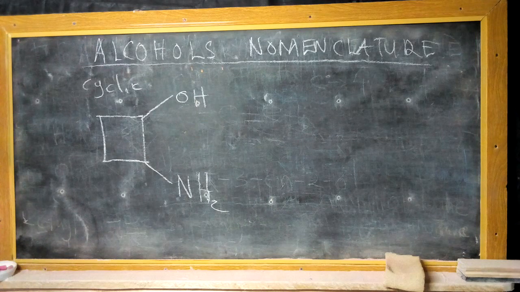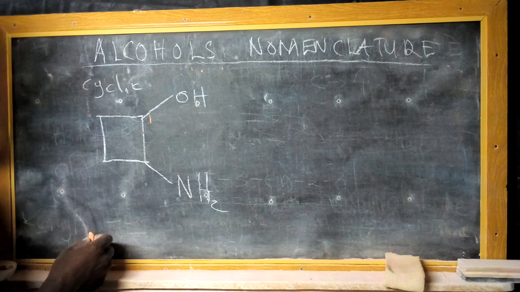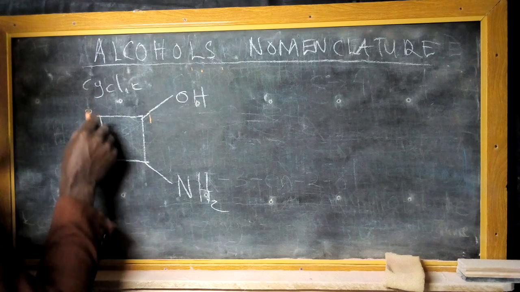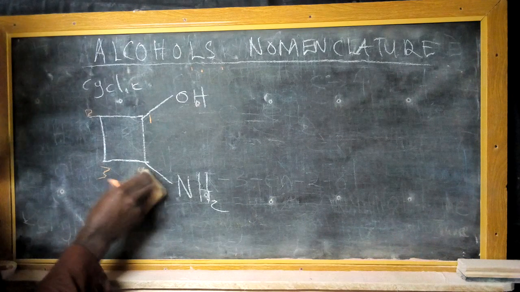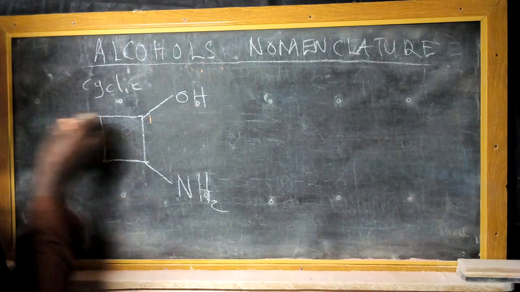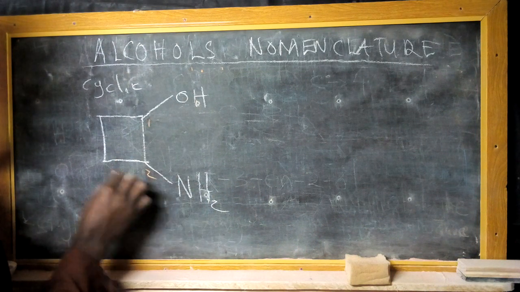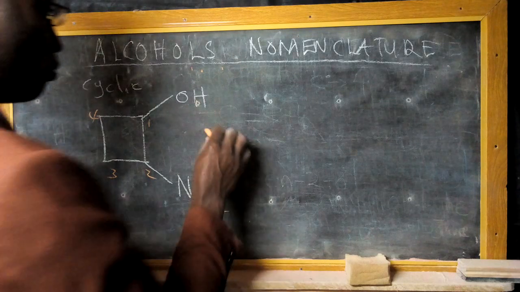So we said numbering begins from the carbon that is attached to the OH group, and if we go this direction, we shall have the amine group at point number 4, which is in violation of that rule which says we shall have to give it the lowest number possible. So we shall have 1, 2, 3, 4. Amine group appears at carbon number 2. So the name for that particular compound will be 2.